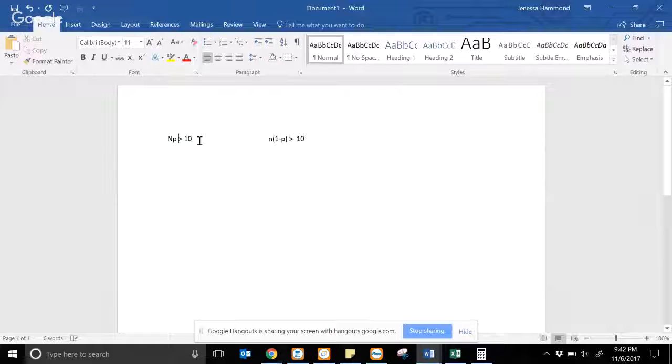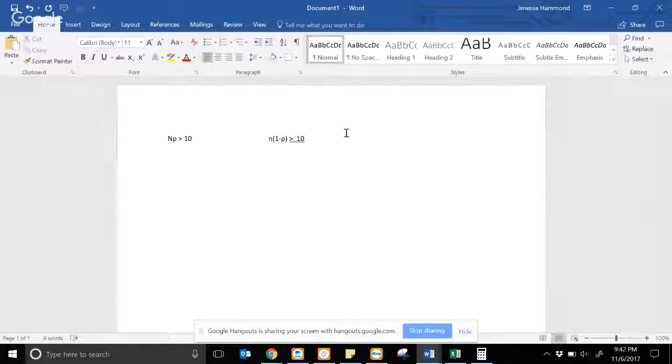Okay. So we know it tells us in the problem what p is. What's p? P is 1/4, so it's 0.25, right? Yep. So n times 0.25 is greater than or equal to 10.